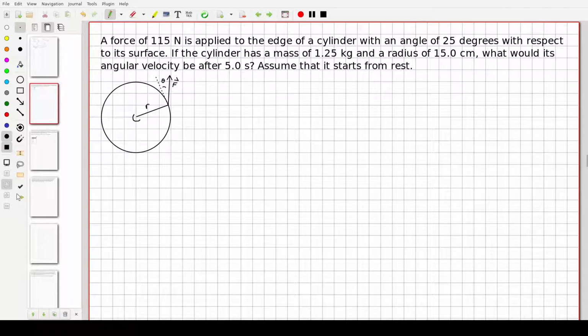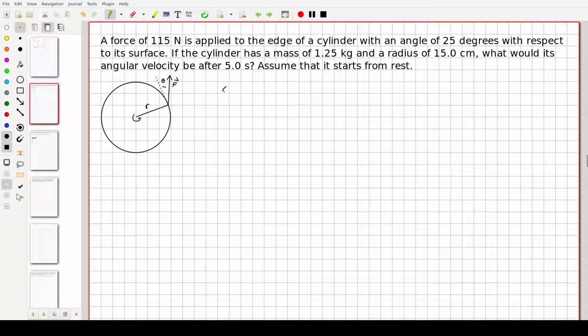So it's rotating about the long axis, basically. The angle here between the force and the surface is 25 degrees. We know the cylinder's mass is 1.25 kilograms, and it has a radius of 15 centimeters. And what I want to find is the angular velocity after 5 seconds. And we're going to assume that it starts from rest.